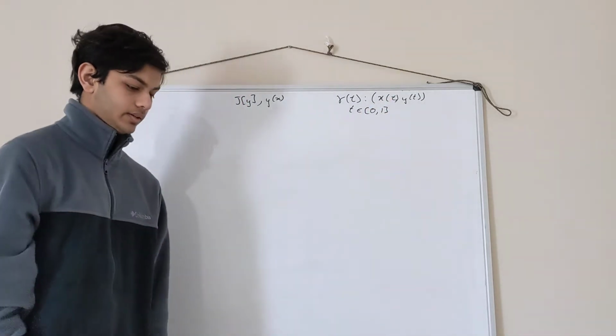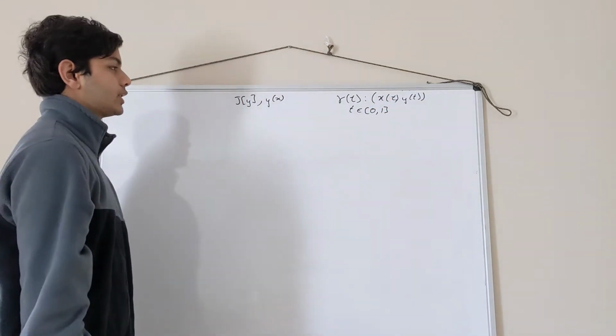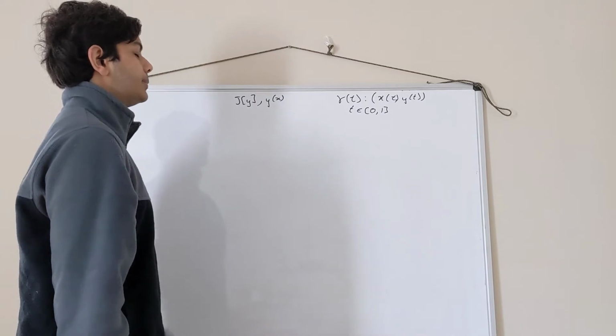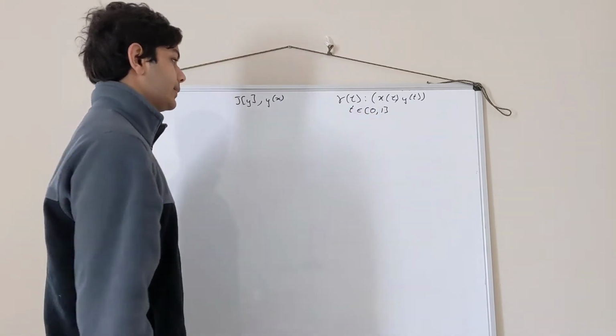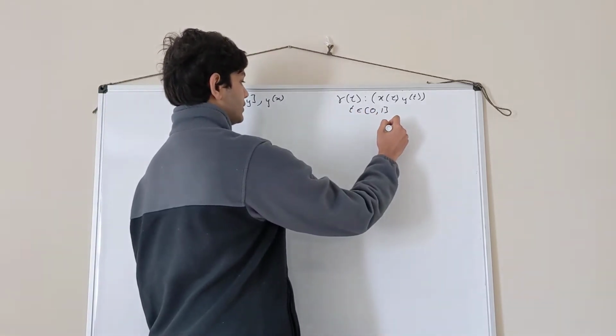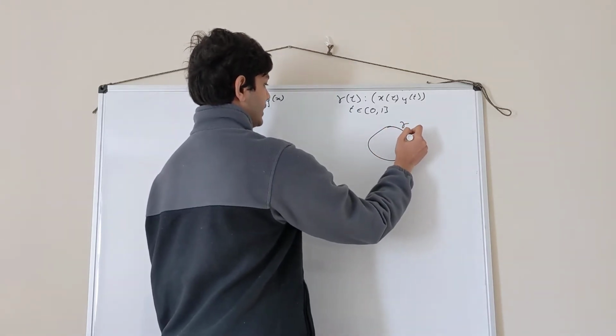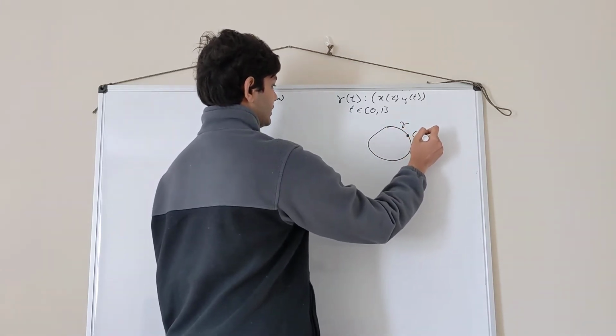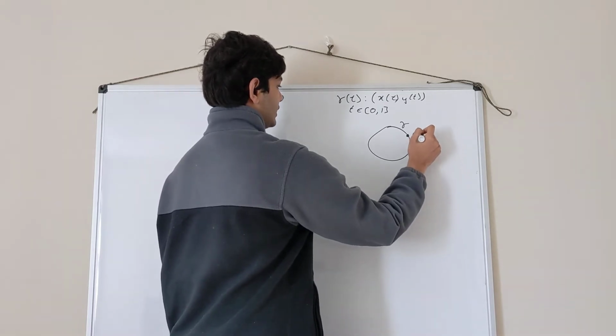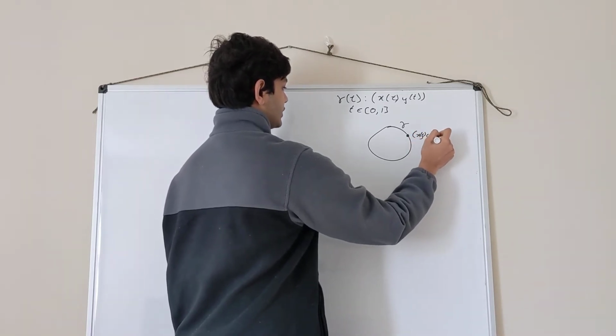It doesn't really matter what the interval is, as you'll see later. You can think of this as time, and as time progresses, you trace out some curve. So this will be your curve gamma, and at any point in time, you have your x coordinate and your y coordinate, and these are both functions of time.